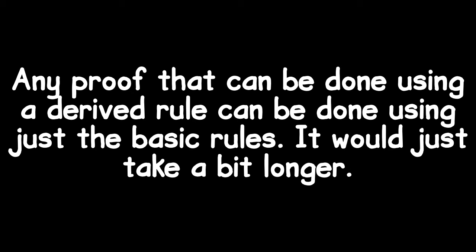The proof we gave earlier shows that hypothetical syllogism is a derived rule. We showed that we could do the same inference, but without appealing to hypothetical syllogism. But now that we've done that proof, you can help yourself to hypothetical syllogism whenever you want. If you're doing a proof and you see that that step would be helpful, you can do it in one step and cite hypothetical syllogism.